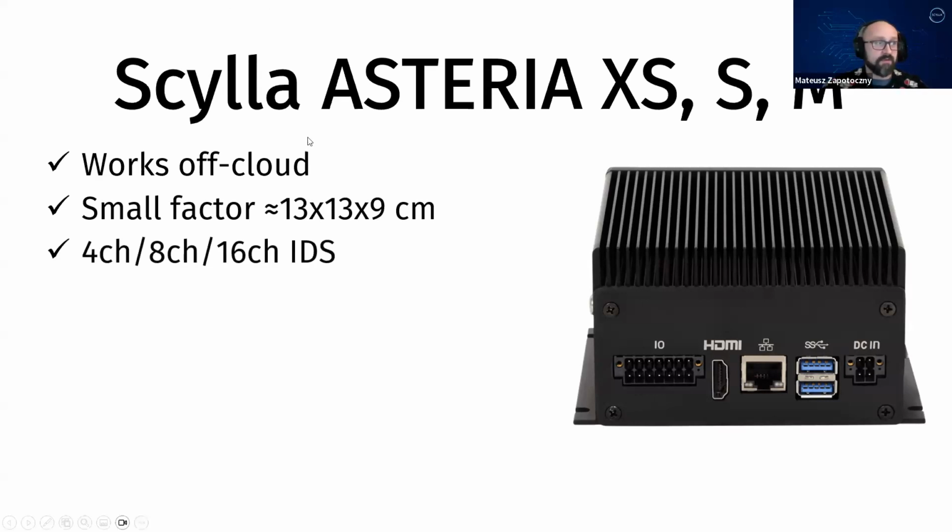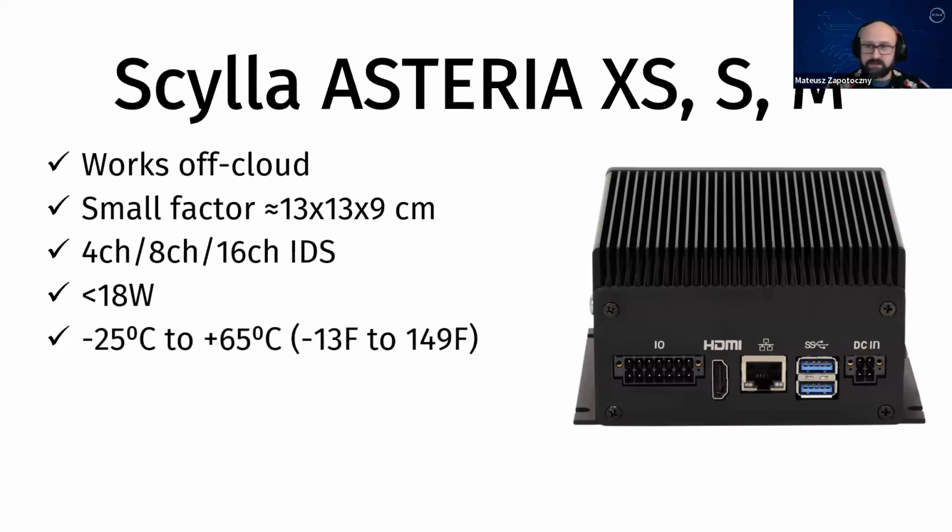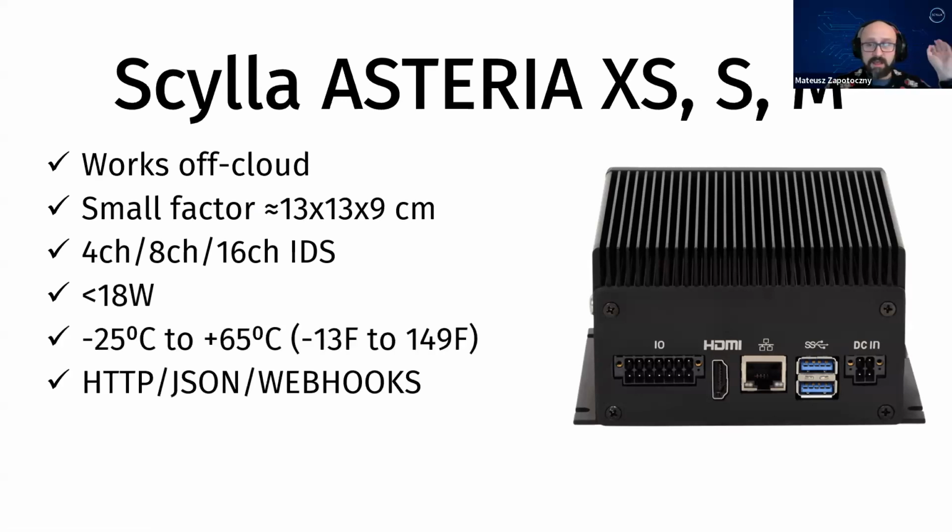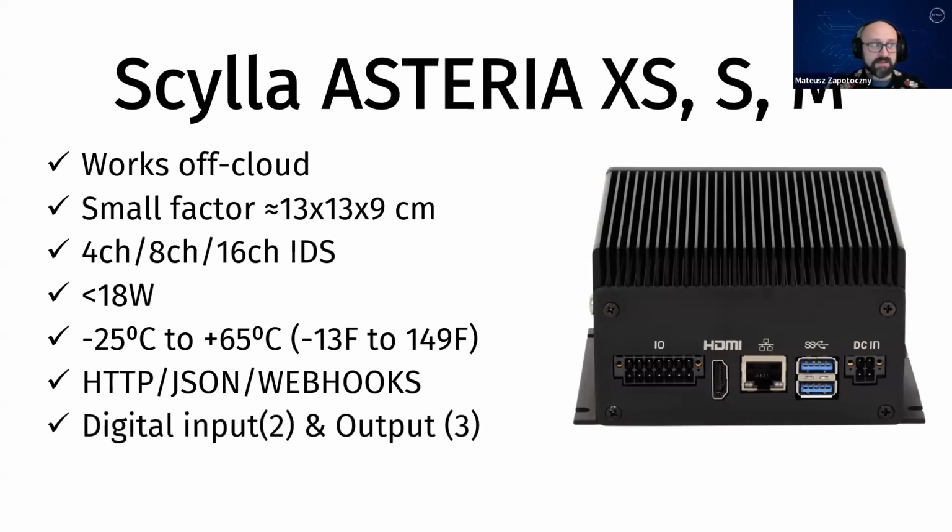It supports 4 channels for Asteria XS, 8 channels for S, and 16 channels for Asteria M. It takes less than 18 watts of power, can work in different environments, and we have multiple ways of integration: HTTP, JSON, webhooks, and so on. There is digital input and output provided also for this one.